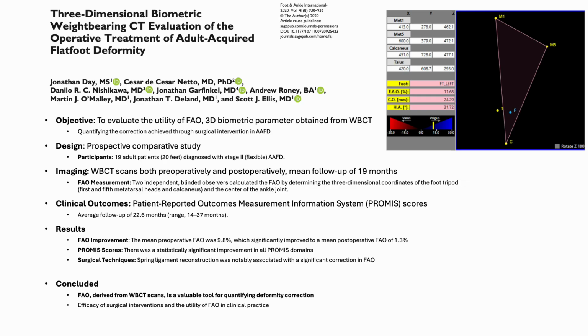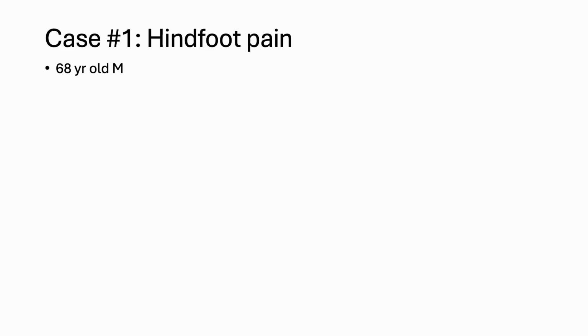Again, all about, hey, did you do a good job getting the foot back underneath the leg and getting a good correction, balanced forefoot to hindfoot? And I think this is a good study showing weight-bearing CT scan can be used preoperatively to help you determine what type of procedures you should use, and it can help postoperatively assess, one, healing, so fusion, and two, your alignment and correction.